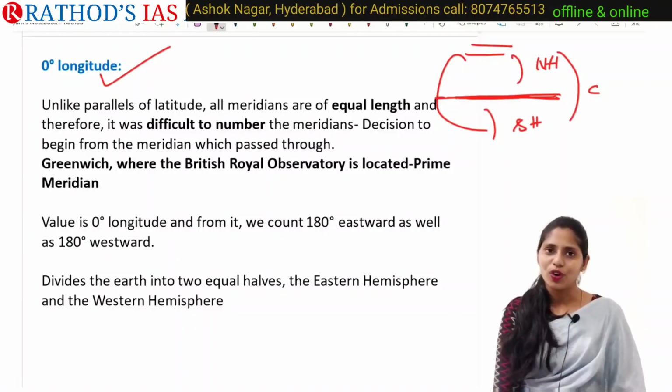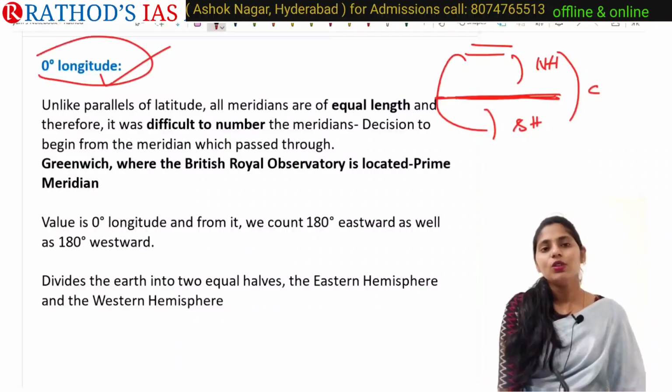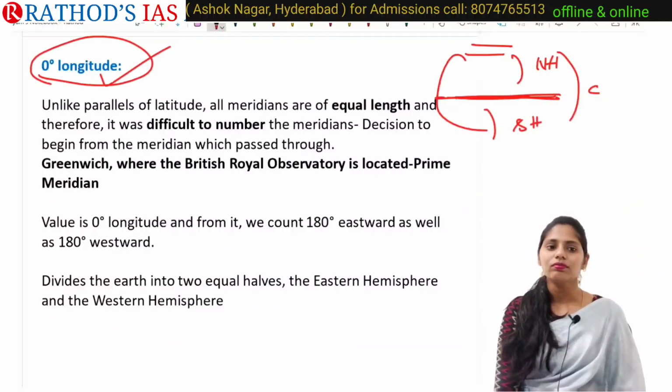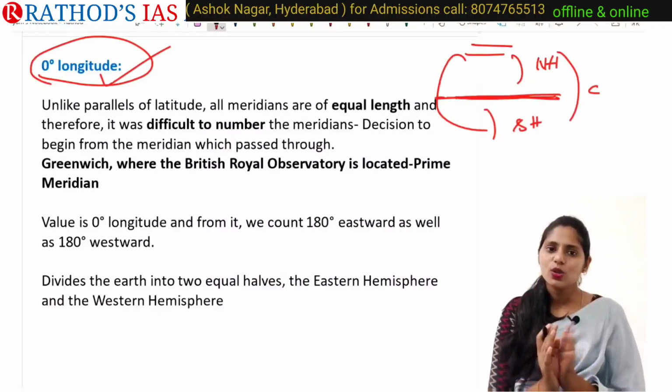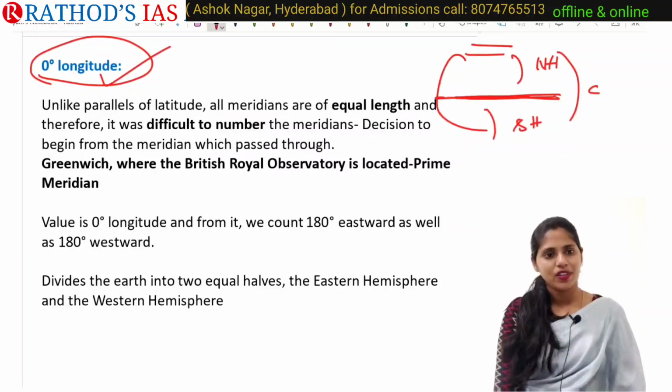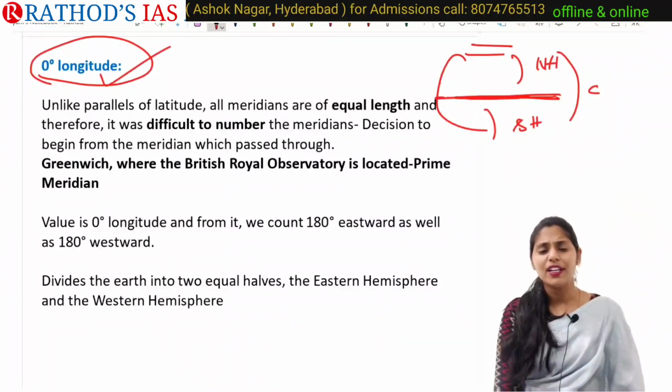So finally, we came up with the 0 degree longitude. All these longitudes are equal in length, and therefore it is very difficult to number these meridians.